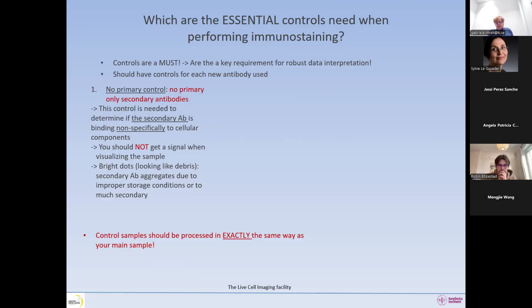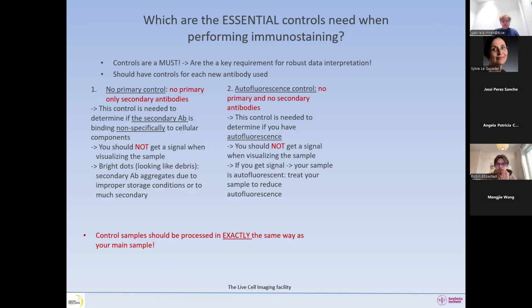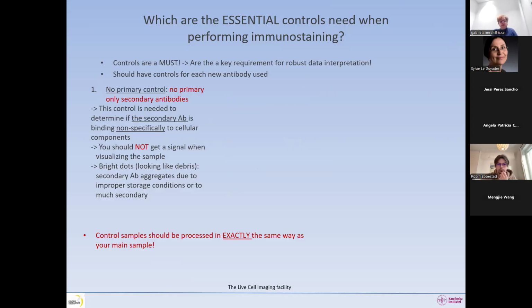One of the controls that is a must is the no primary control. What does that mean? No primary, only secondary antibodies. This control is needed to determine if your secondary antibody is binding non-specifically to your cellular components. So it's an important control, and you should not get any signal.